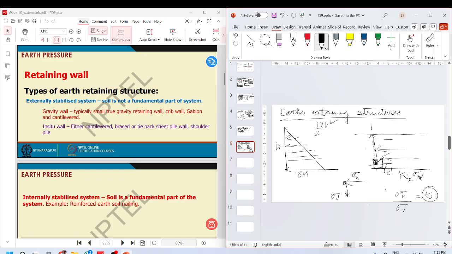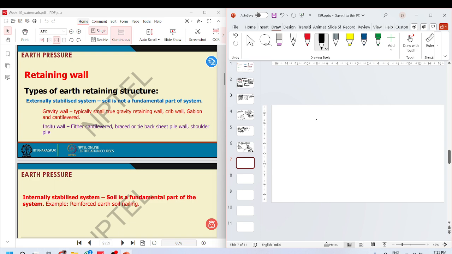Now, the formation of this earth coefficient depends on if you are having an active, passive, or at rest state. So think about it.